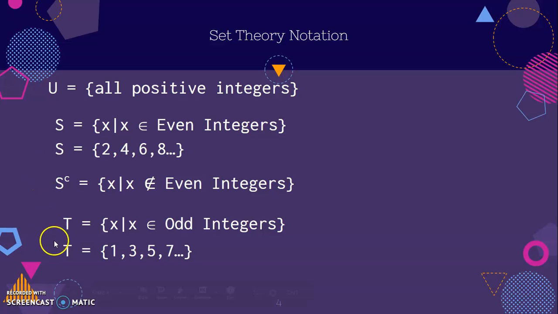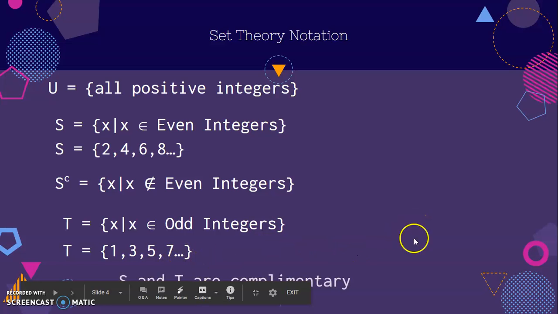Now the question is, is T the complement of S? Meaning that if I had all positive integers, it would look like 1, 2, 3, 4, 5, 6, 7. If I pulled out only the evens, would I be left with this set, 1, 3, 5, 7? And the answer is yes, that is what the complement is.